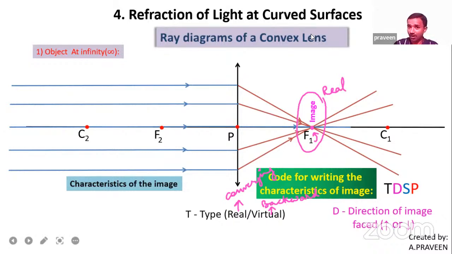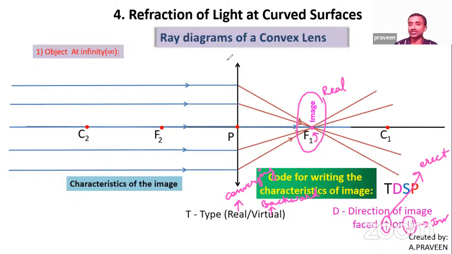So facing upward above the principal axis, we can use that symbol to indicate it is an erect image. So upward direction, erect image. Downward direction is inverted image. So that logic we will follow here.